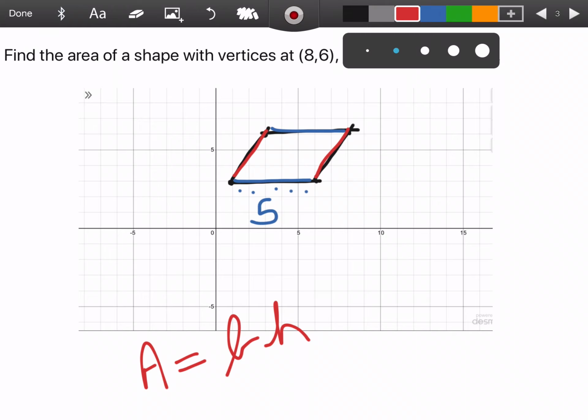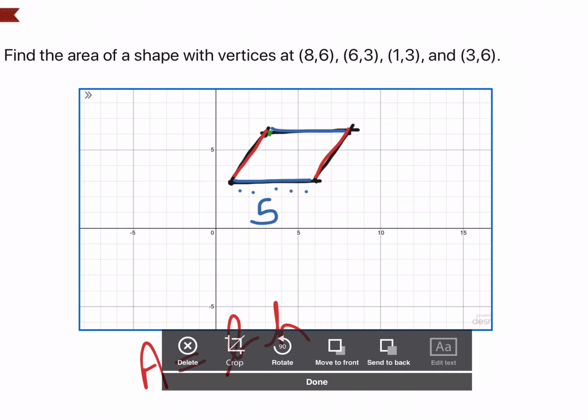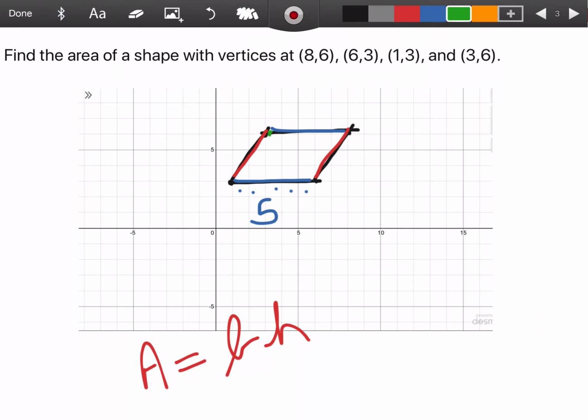And a common mistake is to try to figure out how long the red is, but the length of the red is not the height. Remember, the height has to form that right angle with our base. So forming a right angle, we would have to come down or straight up from our base, and we can see that we have 1, 2, 3. So this is 3 units tall. So to find the area of this parallelogram, we're going to do 5 times 3, which is going to give us a total area of 15 square units.